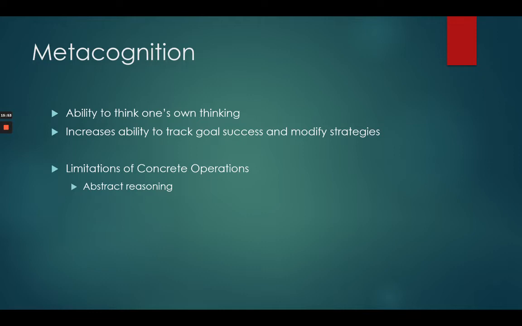So they're able to think about their strategies to solve a problem and whether that strategy is good or bad. They can sort of, like it says here, track their success. So if they're trying to reach a certain point to solve a problem, they can evaluate along the way whether they're on track to solve it or whether they're doing something that's not a good strategy.